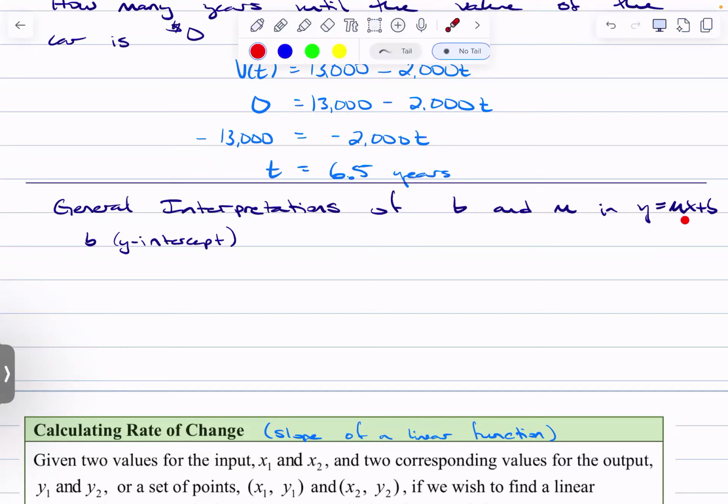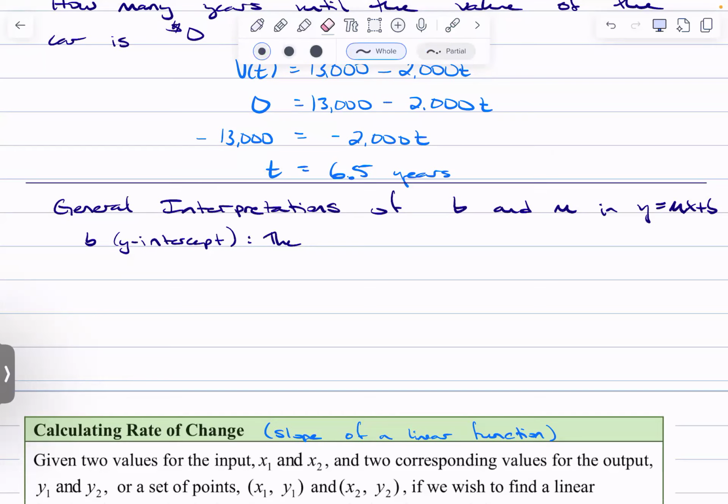And if we think about y equals mx plus b, we were already given the clue that that's the value of y when x is 0, and that is part of our interpretation. Okay? And so the intercept is the value of y when x is 0.